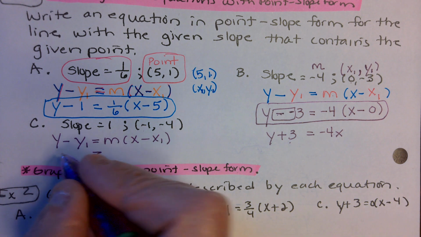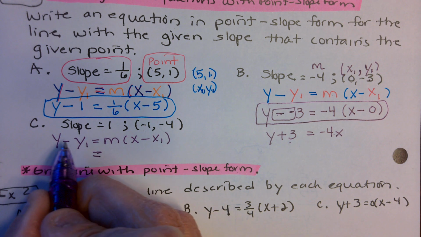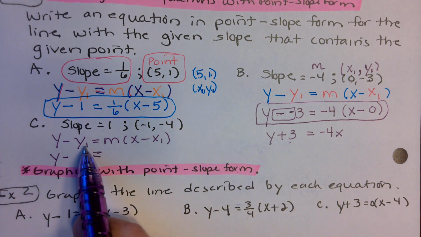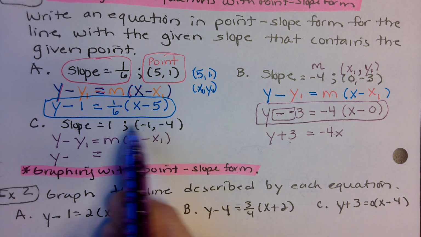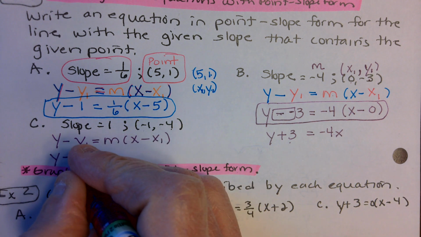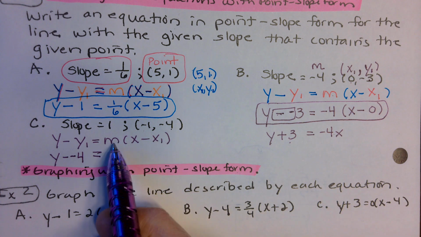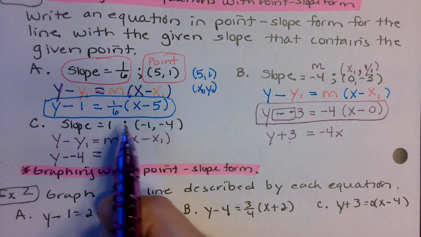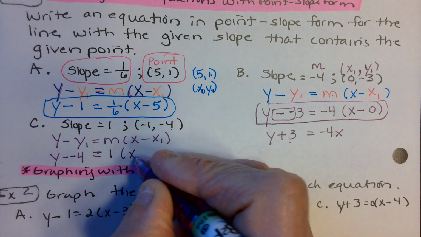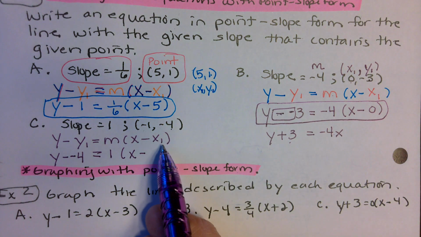All right, so this y, stay or go, class? Stay, good. Minus, what's y1? Where is y1 up here? Right there, -4. M, where's m up here? x1, where's x1 up here?